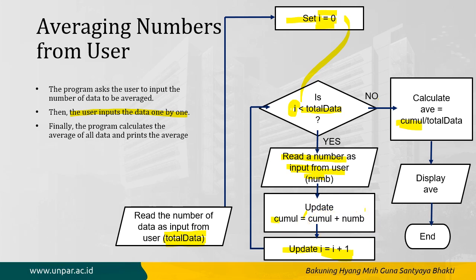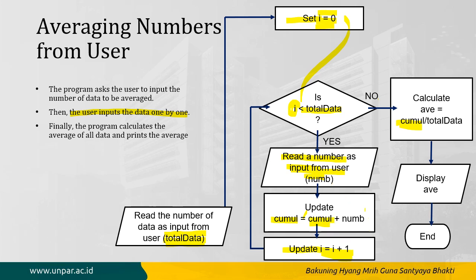The variable cumulative equals the old value of that variable cumulative itself plus the new number that we just inputted before. Okay, so cumulative equals cumulative plus num. Okay, so this is how you update a variable and keep updating it.